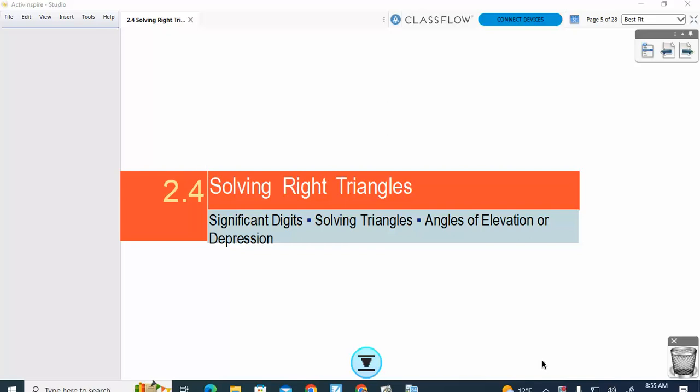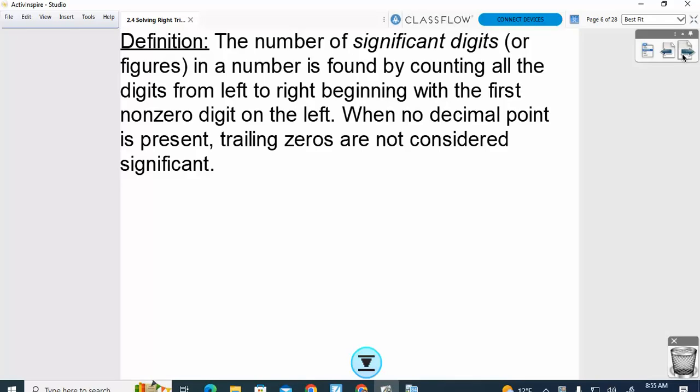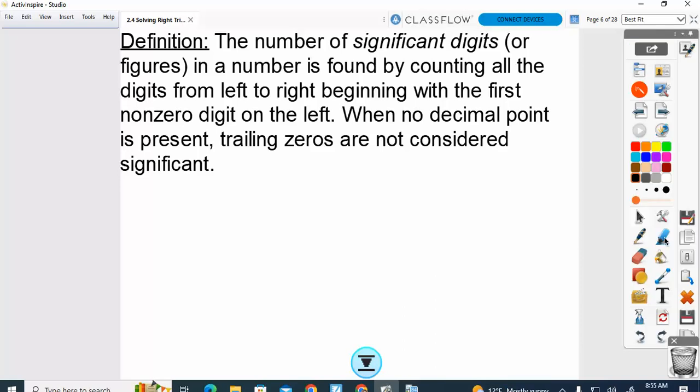All right, so first thing we have is just a definition. We are going to be talking about significant digits in this. So you might have seen some significant digits in your science classes. When I'm looking at significant digits, we are going to be finding it using some very specific rules.